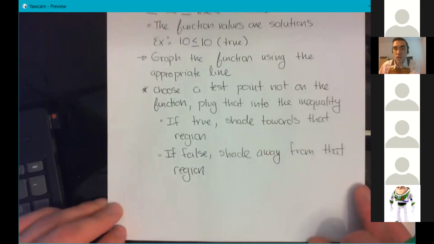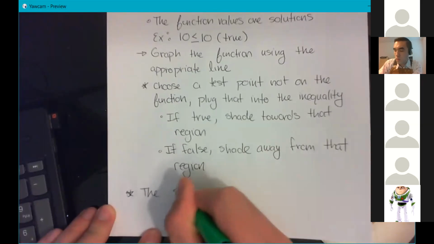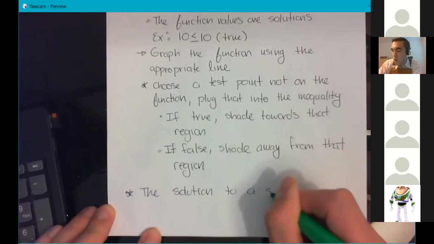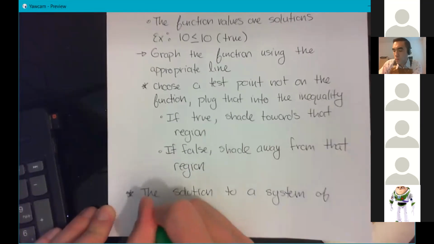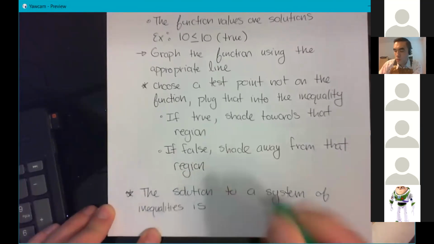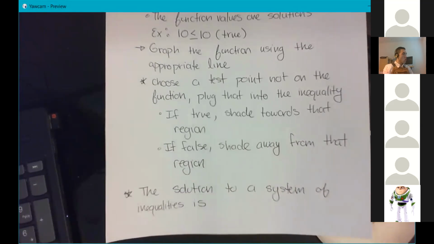And so this is to say that the solution to a system of inequalities, right, multiple, is what? Who remembers, if I have multiple inequalities and we're shading a whole bunch of different ways, how do we know what the answer is? The area where the shaded regions overlap.